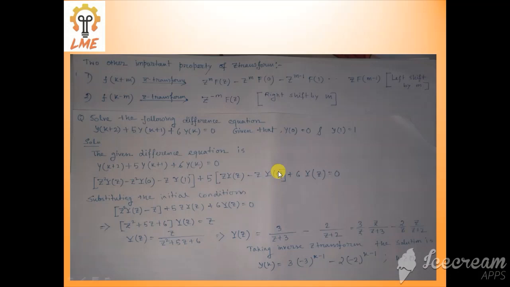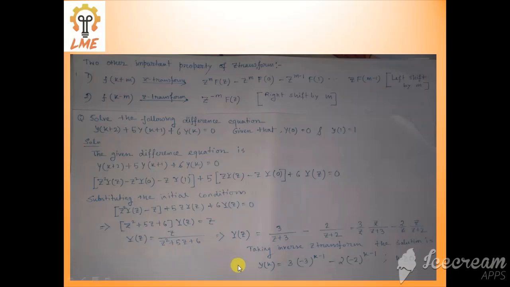Now just remember, if it is d2y/dt2 plus dy/dt plus 5y equal to 0, and you are asked to solve that differential equation, you actually want to get the value of y(t). Here it is a difference equation. So if you are asked to solve the difference equation, that means you are asked to find the value of y(k).